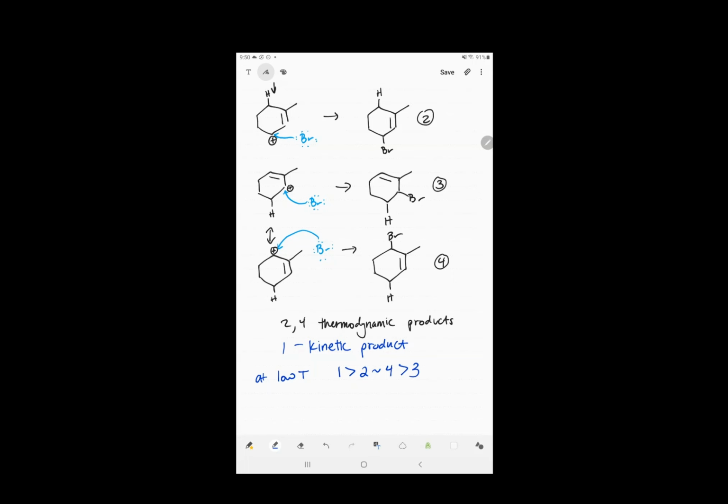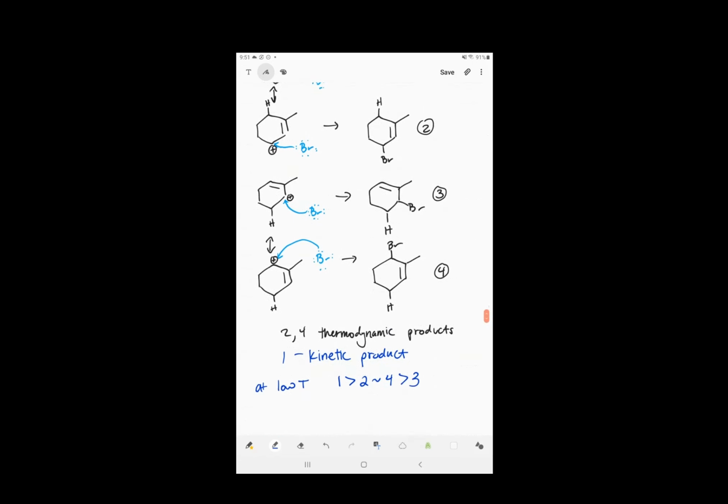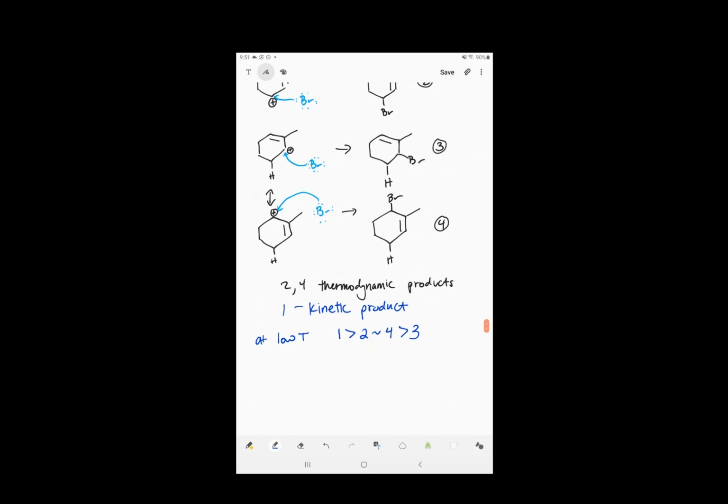We're going to get more of product number 1, our kinetic product. We're going to have a mix of the other two. And then we're going to end up with our third one. Just because it's neither kinetic nor thermodynamic, it's just by itself. It comes from a secondary carbocation, and it's just going to be less likely to happen.